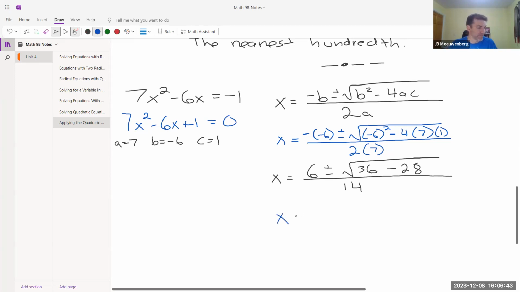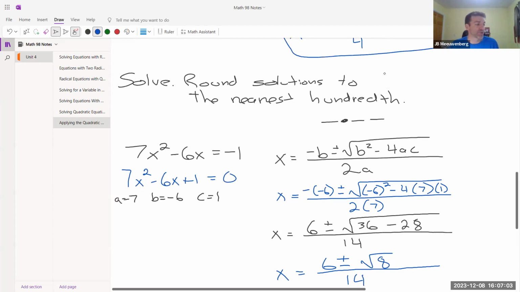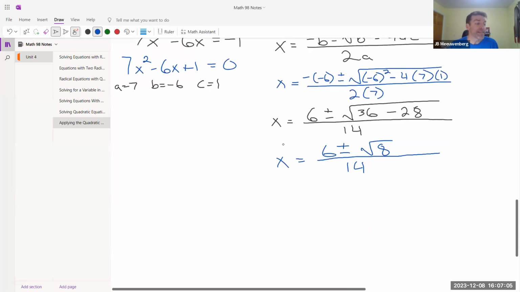X equals +6 plus or minus the square root of 8 all over 14. Now, if we had not been asked to round the solution to the nearest hundredth, we'd be done right now. This would be an acceptable answer. It can be simplified, but this would be okay. We, however, were told to round it.